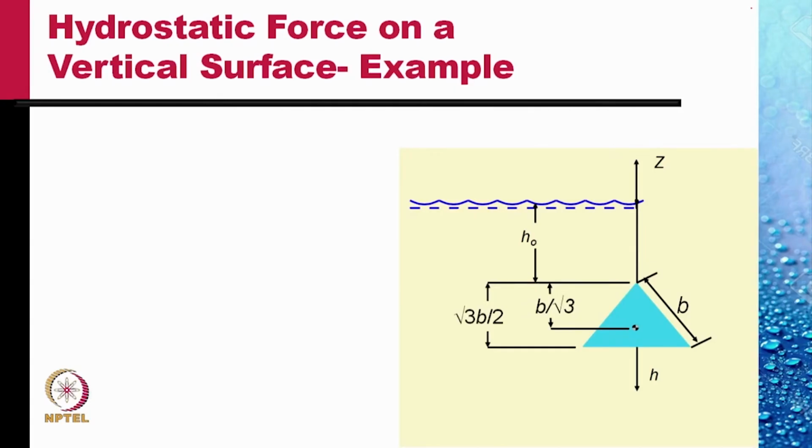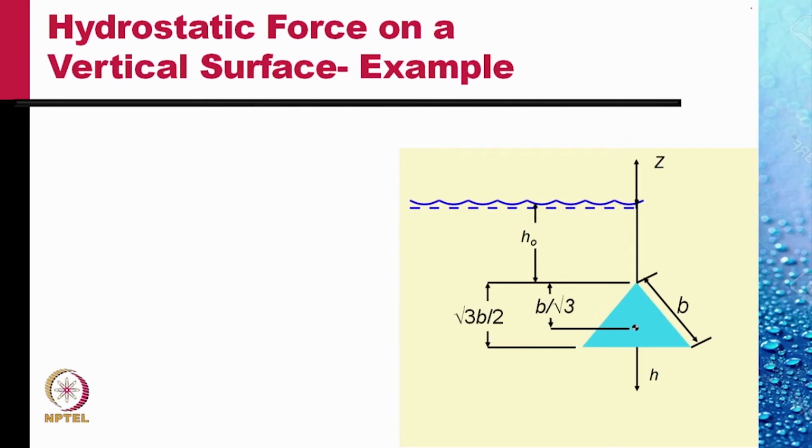We have an equilateral triangular plate with each side equal to b. It is immersed in a liquid of density rho to a depth such that the vertex of the triangular plate is at depth h0. We have to find the location of the centroid.